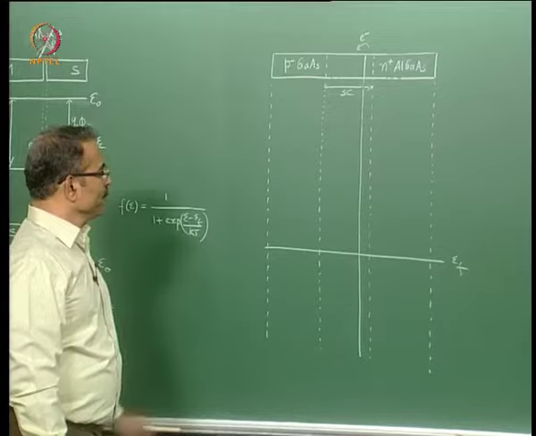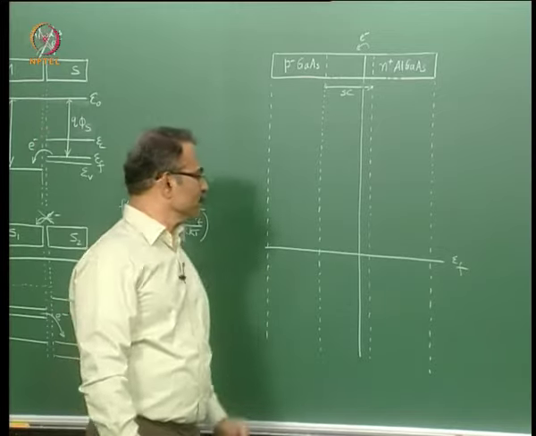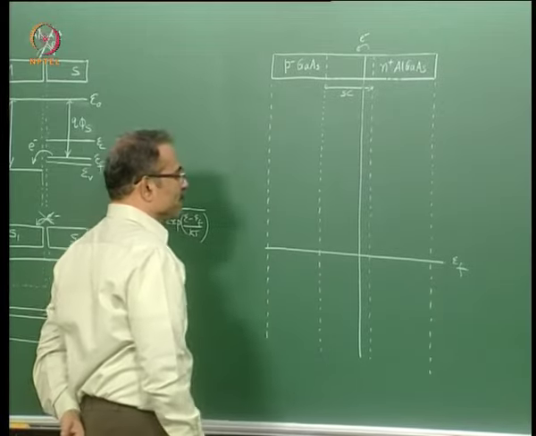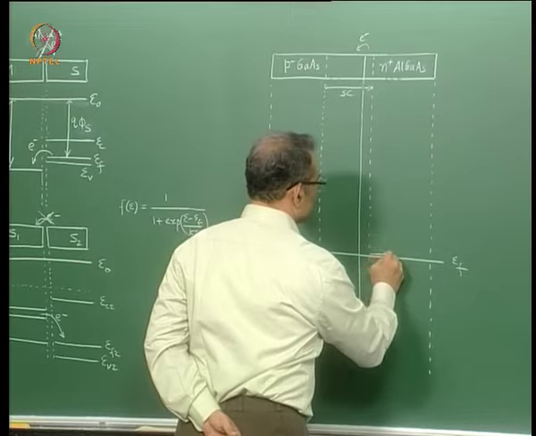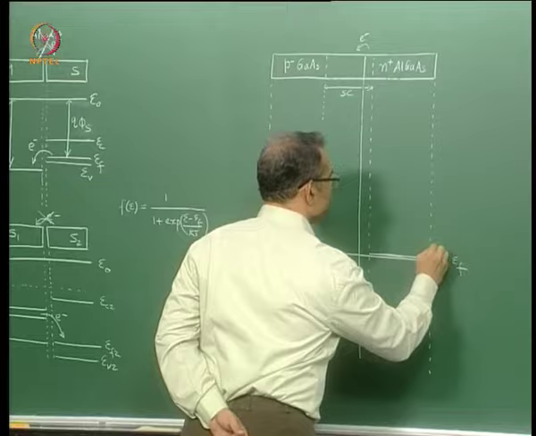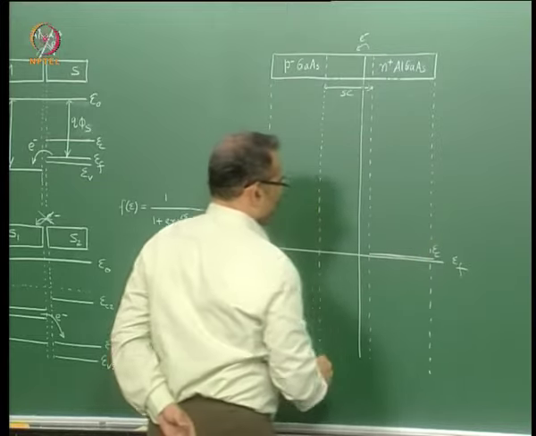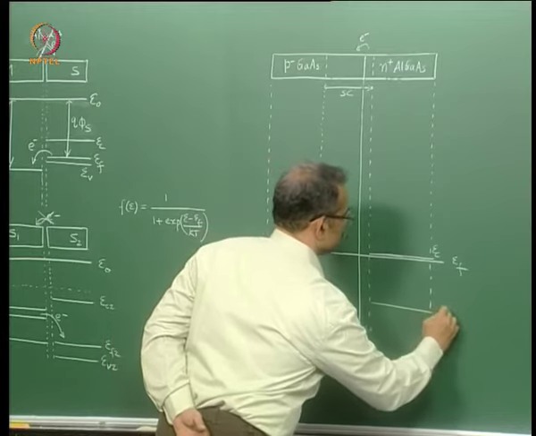The next step is to draw EC and EV in the neutral regions, conduction band and valence band edges. So this side is heavily doped N type, so this conduction band edge is very close to the Fermi level. And let us say this is the valence band edge.